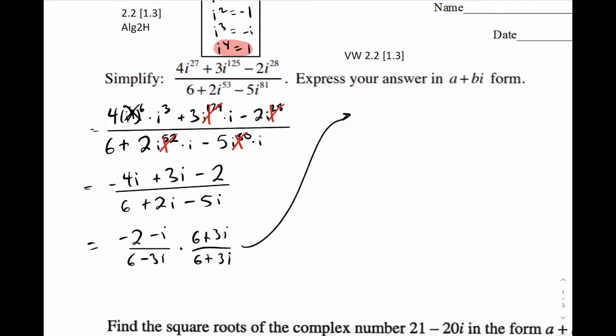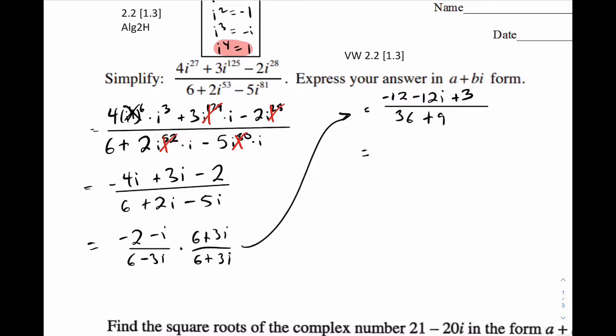We'll continue our work here. So our numerator, we multiply this out, that's going to be -12 minus 12i plus 3. The bottom should be 36 plus 9.